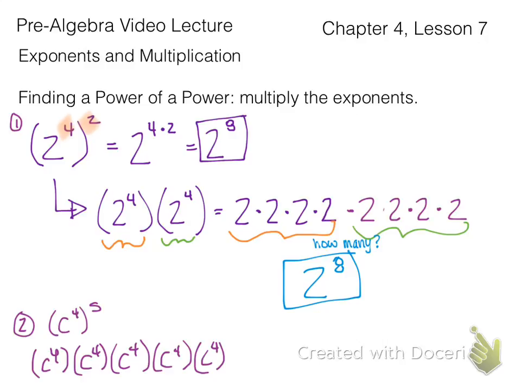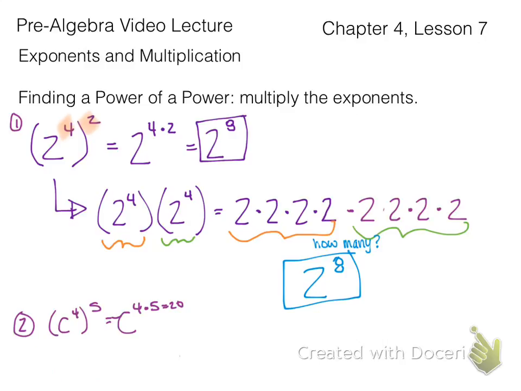So I have 4 c's there, 4 c's there, 4 c's there, 4 c's there, 4 c's there. So that's really c to the 20th, because 4 times 5 is 20. So again, multiplying here would also be easier than writing it out in expanded form. So just multiply the exponents, all right, when you've got a power of a power.